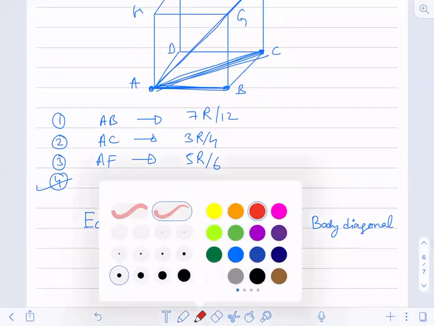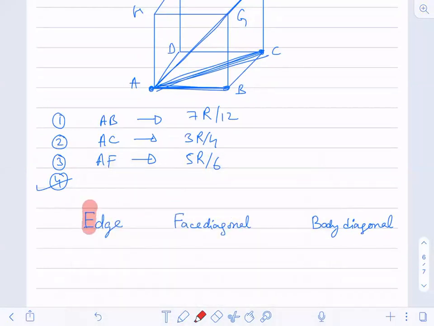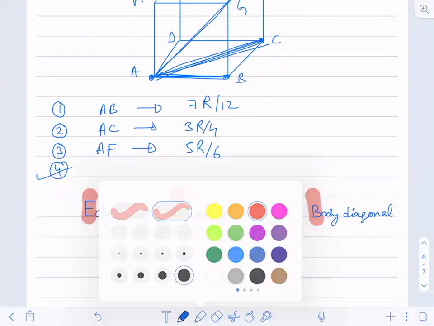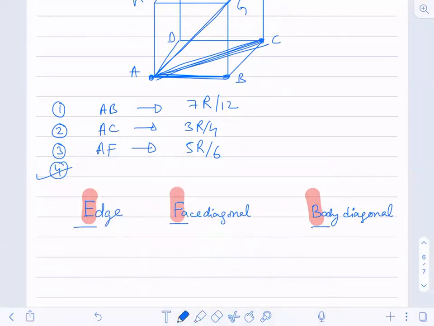Now, from edge, take E. From face, take F. From body, take B. What does this become? The edge formula for the box. Edge is the one across AB.